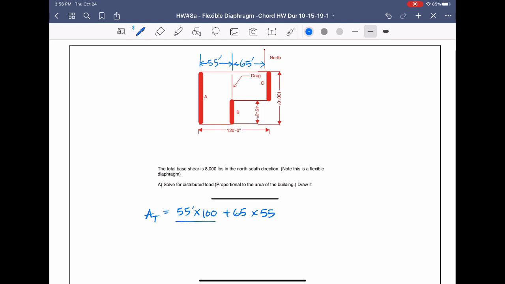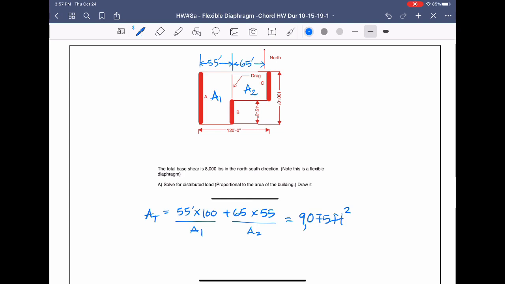Right, so let's say that this is A1, this is A2. That's your A1, that's your A2. And when we do that, it comes out to be 9,075 feet squared. Great.